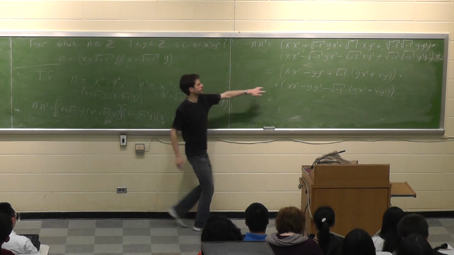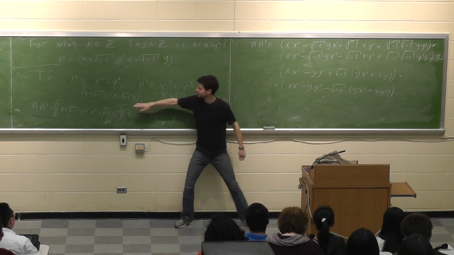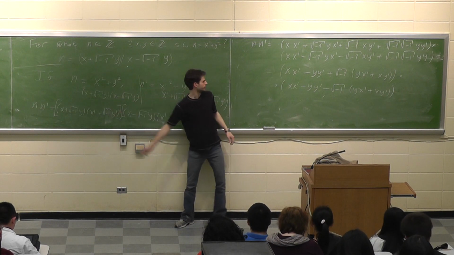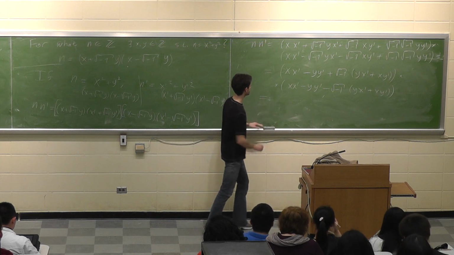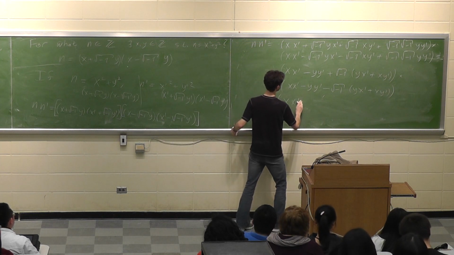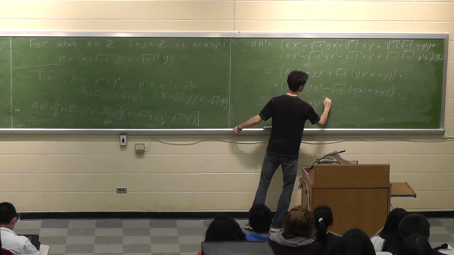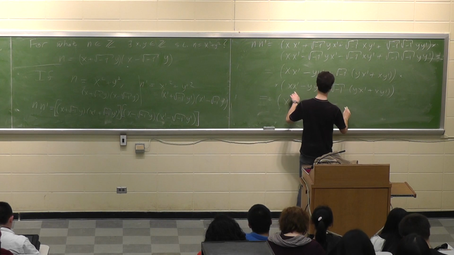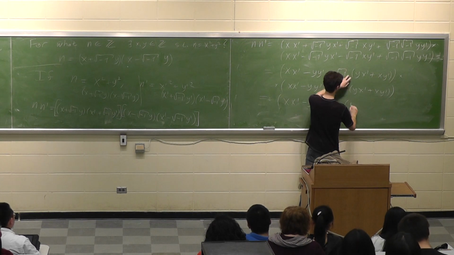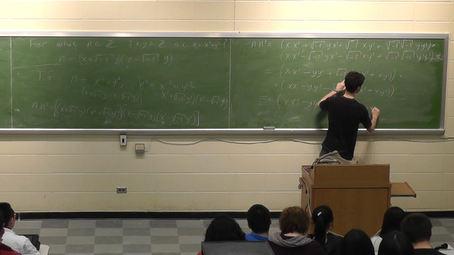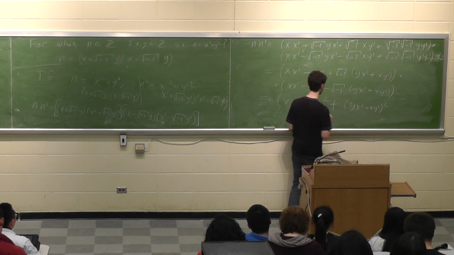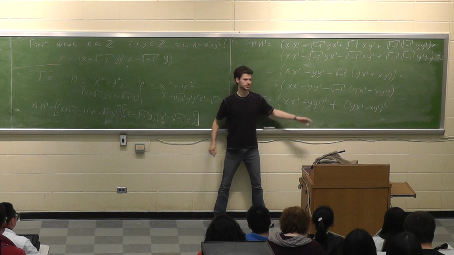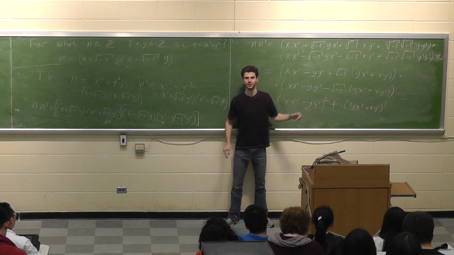Now this does look exactly of the same form. It is x x prime minus y y prime squared, plus y x prime plus x y prime squared, and actually plus, since it's minus square root of minus 1 squared.